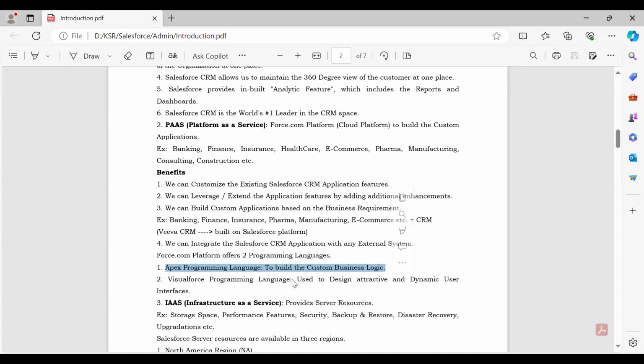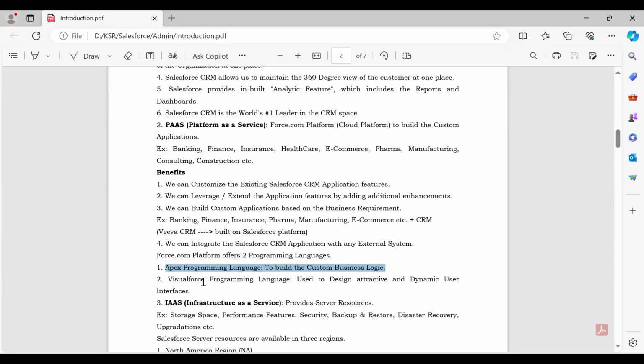And for web applications or user interface design, to build dynamic user interfaces, we can make use of Visualforce. But we already discussed yesterday that nowadays no one is using Visualforce. After Visualforce, Salesforce provided Aura, that is Lightning components, in 2014.